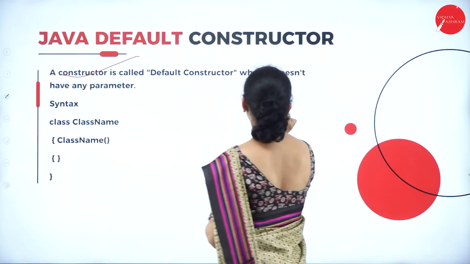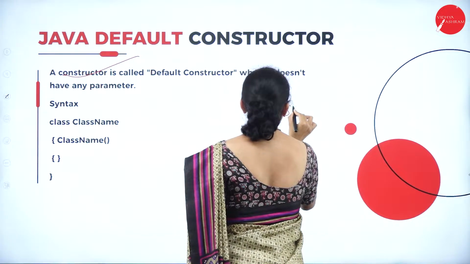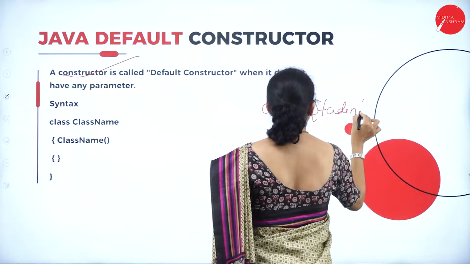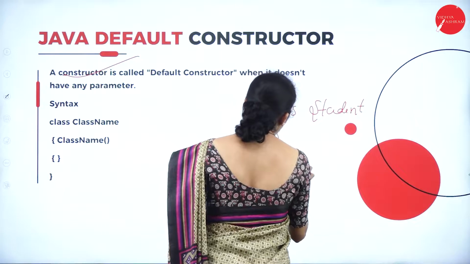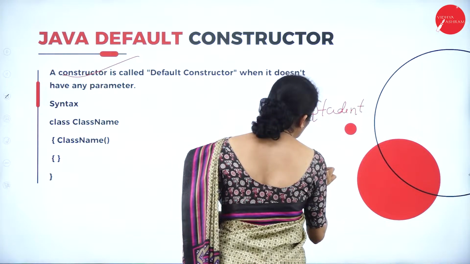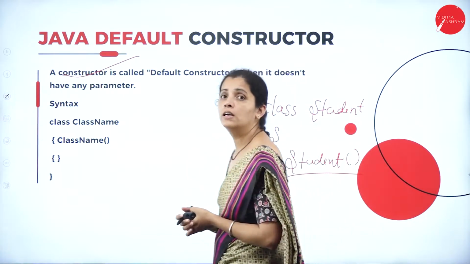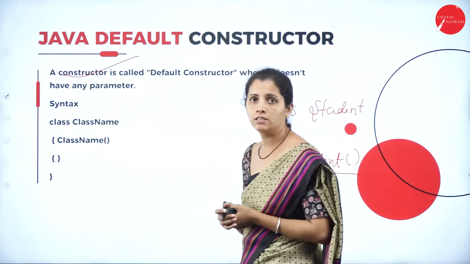For example, class student, and then inside that, if I'm having student, this is the example for default constructor.